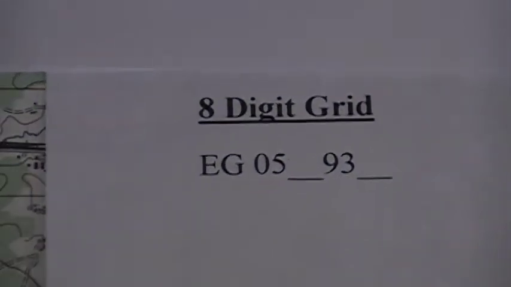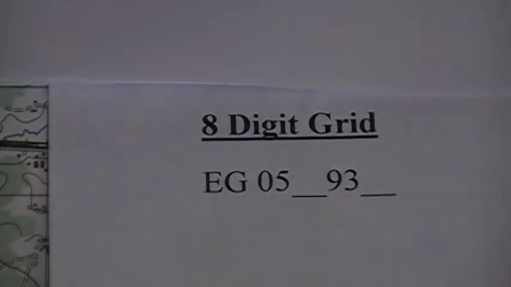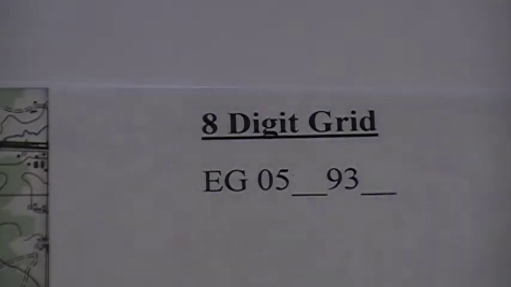When we are determining an 8-digit grid coordinate, it is best to set up your answer as such before you figure it out. You would write the Echo Golf, you've already determined that. The 05 and the 93, we already know. So we would leave 2 spaces between the 05 and the 93, and 2 spaces behind the 93 for our answer.